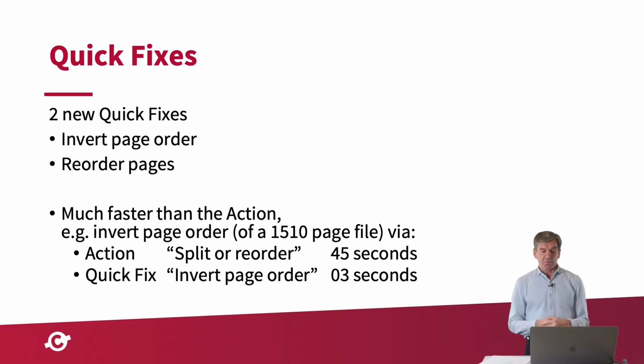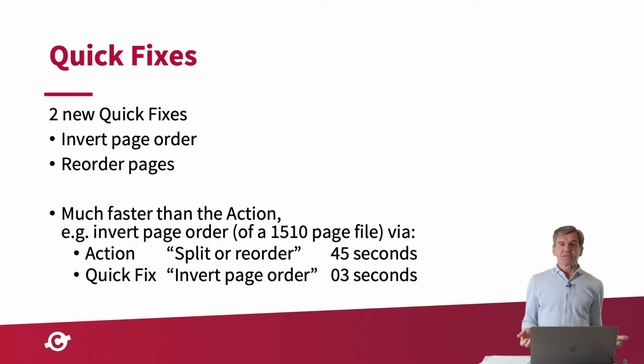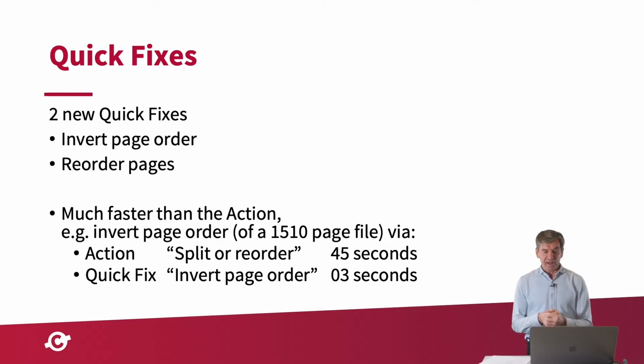Here in the comparison, if we want to invert pages, you can do that with the action, or you can do that with a quick fix. It doesn't make a big difference if you have, let's say, 10 pages. But if you have 1,510 pages, so many more, then there is actually a big difference.